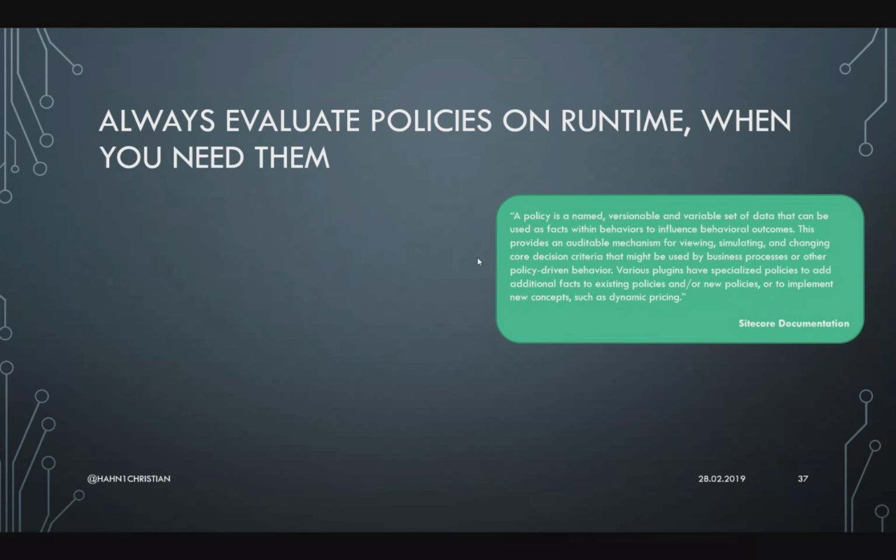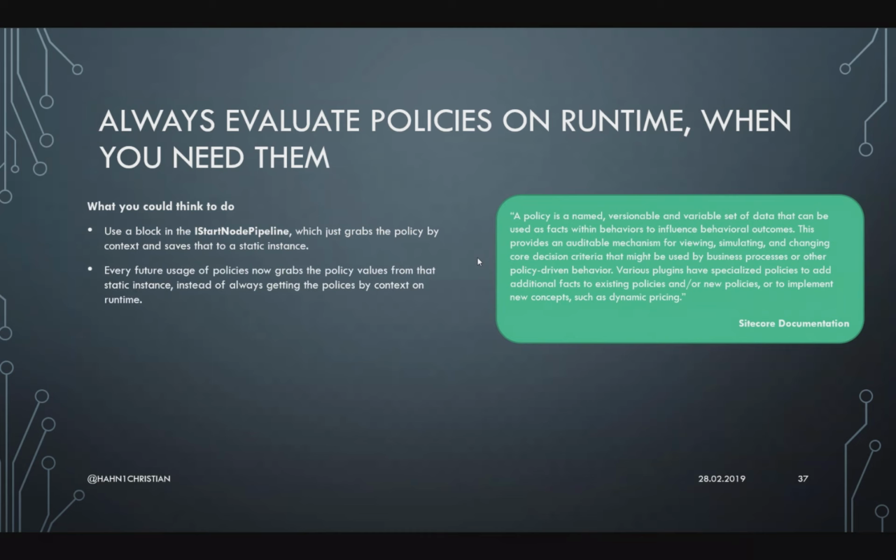This piece of information you could load on startup time. It's the IStartNode pipeline, the pipeline which is called when the engine starts. You could grab all the policies which exist, store them in some magic static class, and then consume it on every call. And you could imagine that it is quite a performant way.